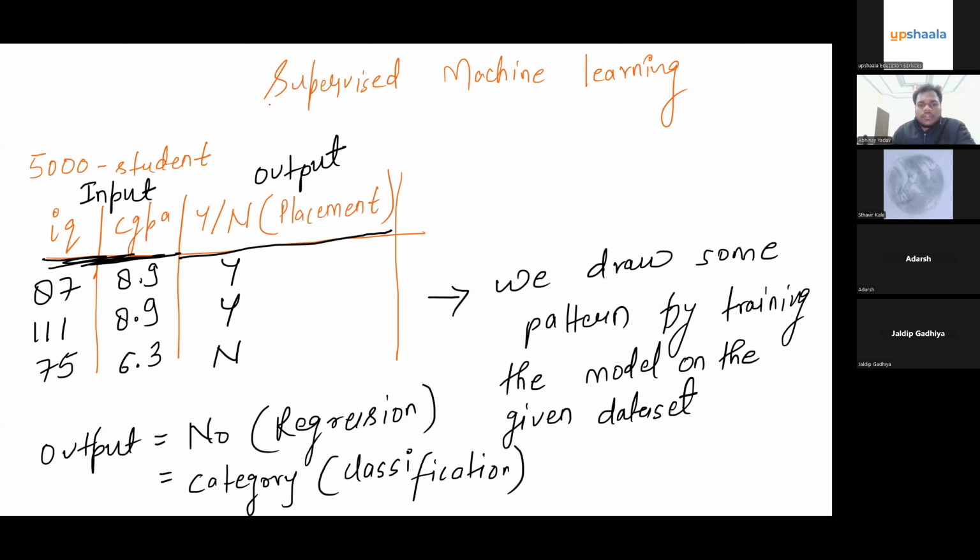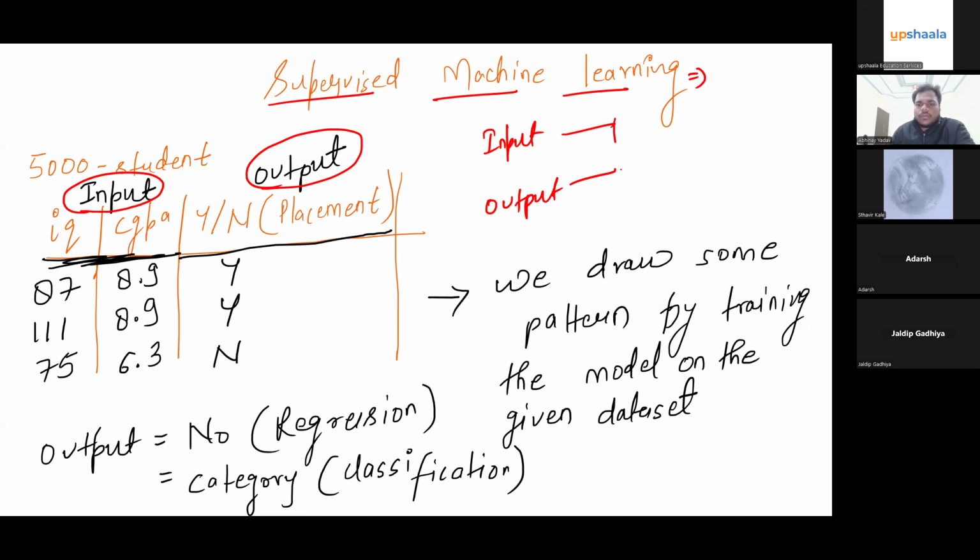See, supervised machine learning is a technique, or you can say guiding the model, in such a way that you will have the input and you will have the output. These two will be the source.